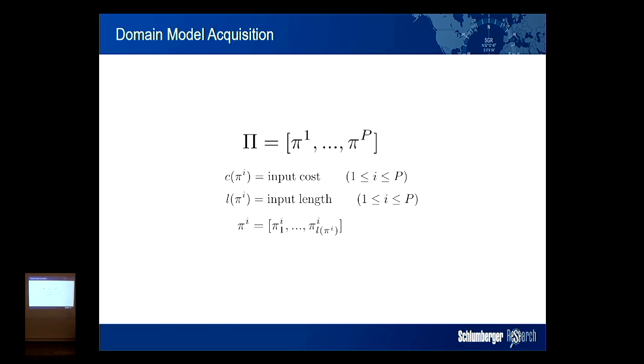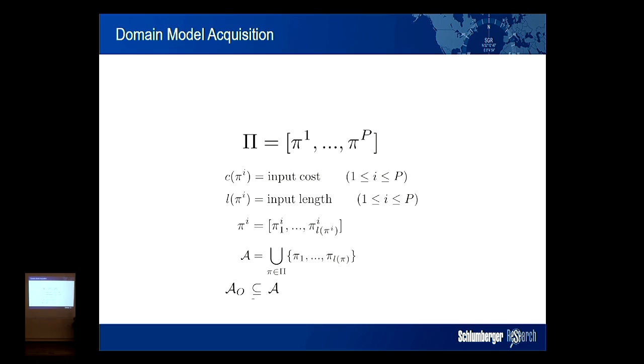And then for each individual plan, we say we've got pi i 1 to pi i length of the plan, right? So each plan is just a set of actions. And then we've got this curly A, which is the set of ground actions that we see in all plans.